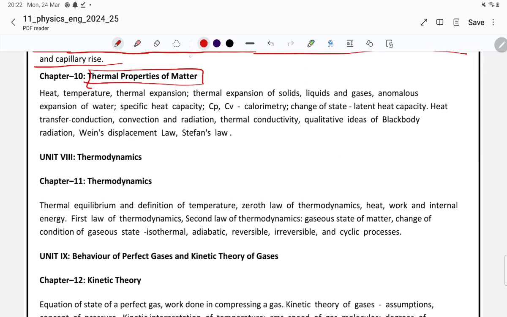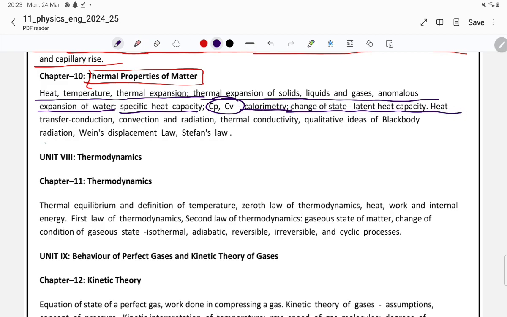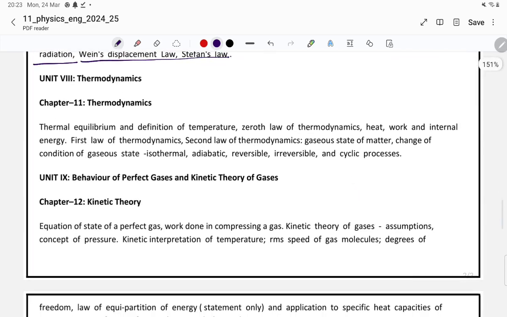Thermal properties of matter: heat, temperature, thermal expansion of solids, liquids and gases, anomalous expansion of water, specific heat capacity, Cp, Cv, calorimetry, change of state, latent heat capacity, heat transfer: conduction, convection and radiation, thermal conductivity, qualitative idea of black body radiation, Wien's displacement law, Stefan's law.